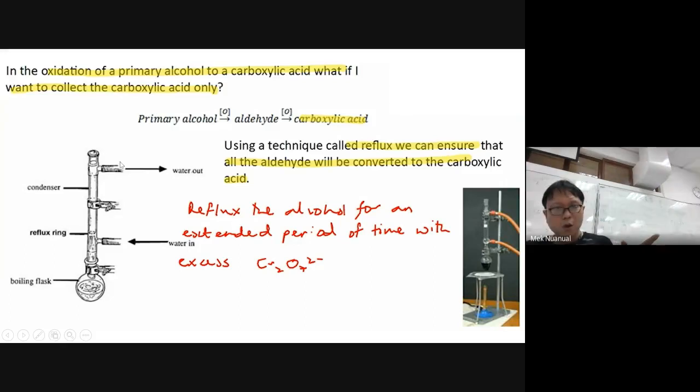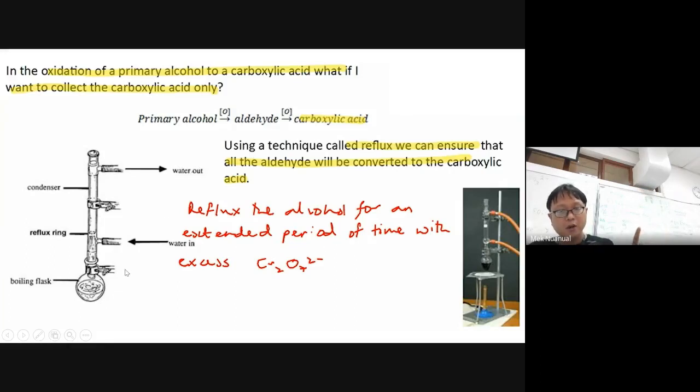Anything we don't want will go away, and whatever we want comes back down here. Hopefully the carboxylic acid that you wanted, after 6 hours or more, okay? So that's all you need to know: it takes a long time, and then some of it will drip back down here, your carboxylic acid.